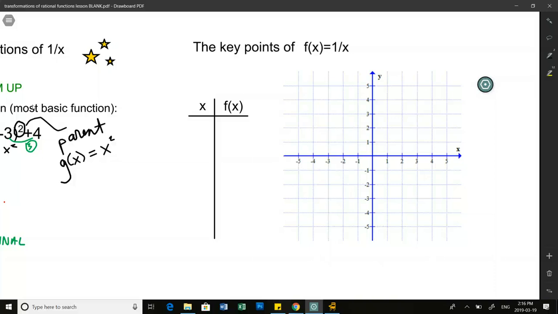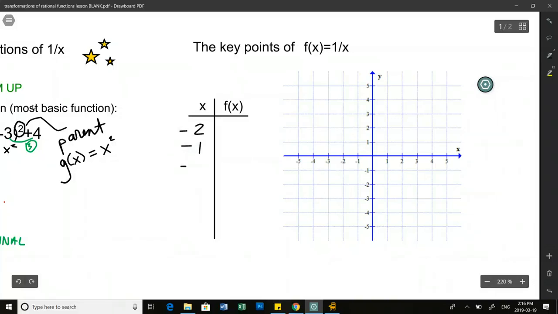I've been showing you these separated, but eventually you should be able to recognize which parent function you need just based on what the question is asking. Maybe it will ask you something like the warm-up, or it might just tell you explicitly that the parent function is 1 over x, and you will need to know which set of key points to use. There are only 3 of them, and this is the last and final one.